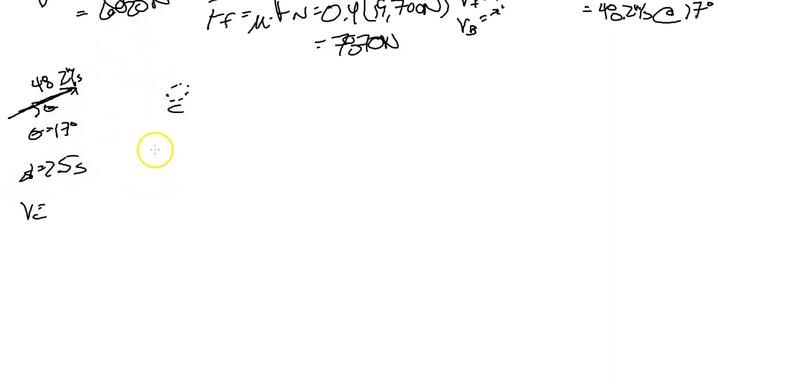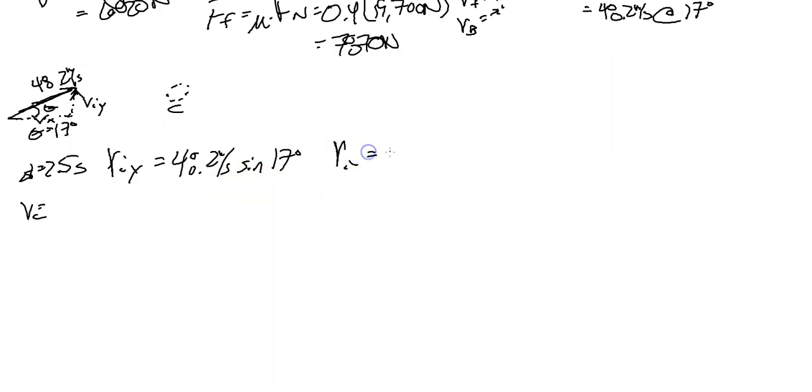Okay, since this is a two-dimensional problem, probably the first thing it makes sense to do is figure out what is the velocity in the x and what is the velocity in the y. And those are specifically the initials for the next part. So how do I get that? Just basic trig. Velocity initial in the y is going to be 48.2 meters per second sine 17 degrees.